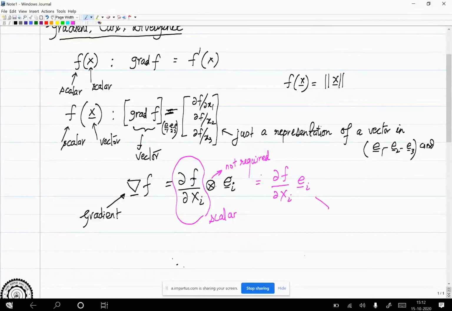Now this is a vector, whereas this thing here is the column representation of the same vector in the E1, E2, E3 coordinate system.